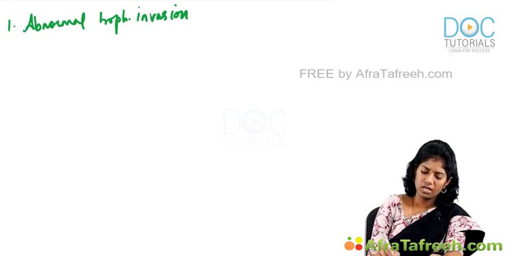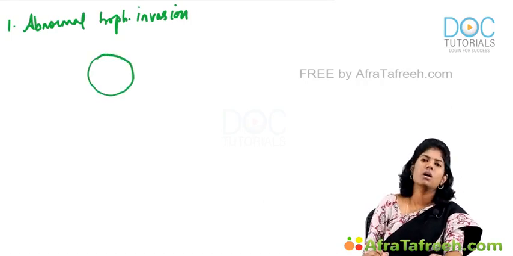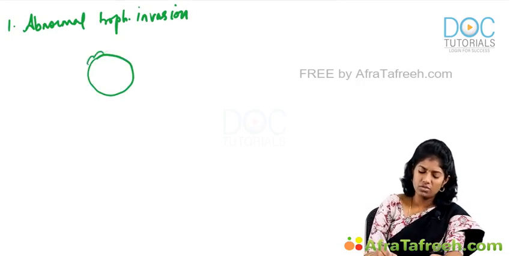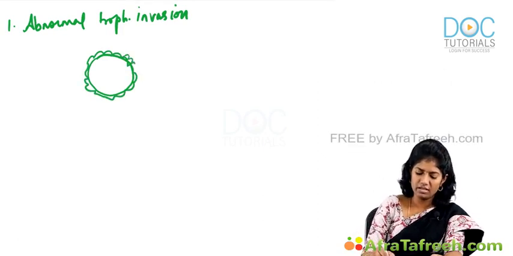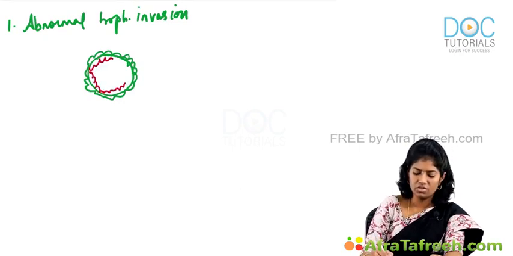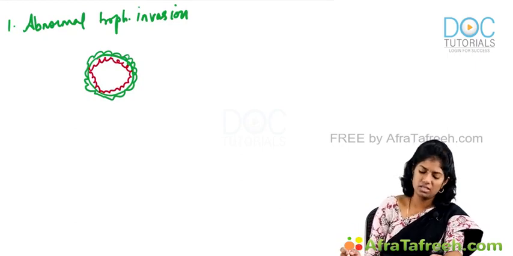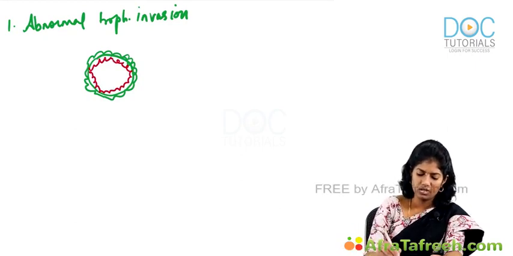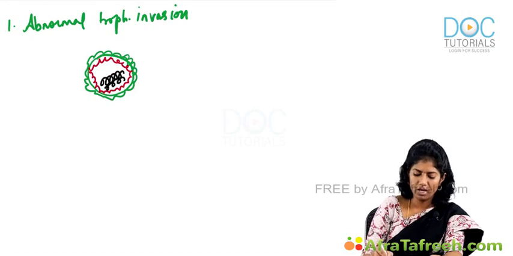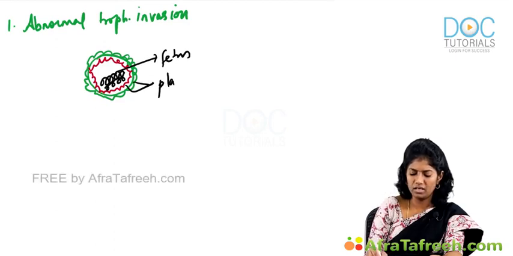You all know that a blastocyst has an outer trophoblastic layer, which is divided into syncytial trophoblast and the cytotrophoblast. Syncytial is the outer layer and cyto is the inner layer, within which we have the inner cell mass. The inner cell mass develops into the fetus, and the syncytial and cyto develop into the placenta or the chorion.